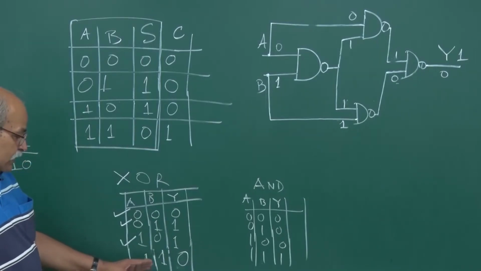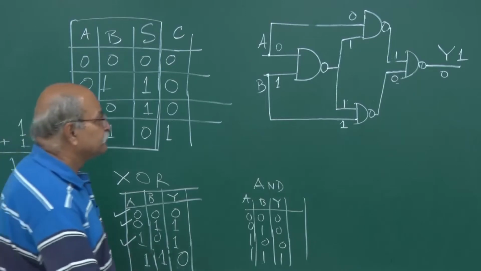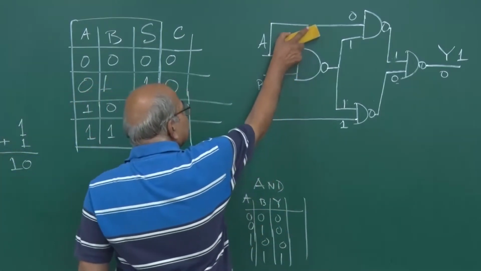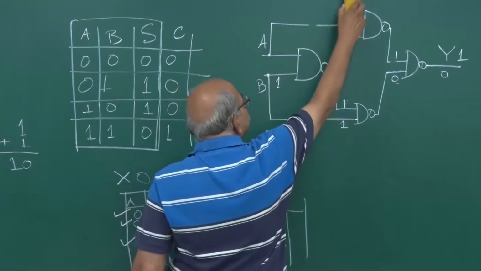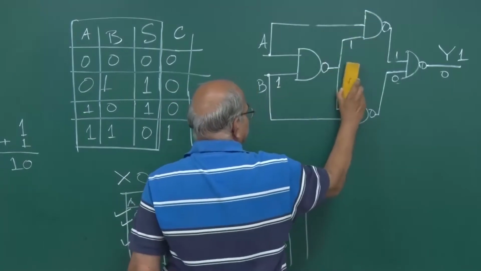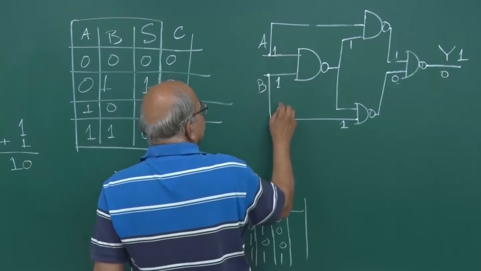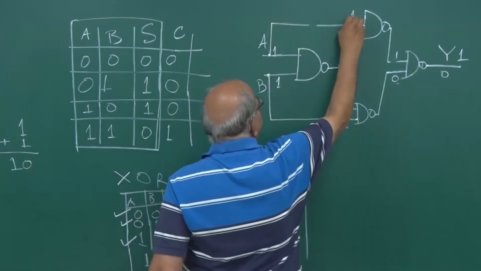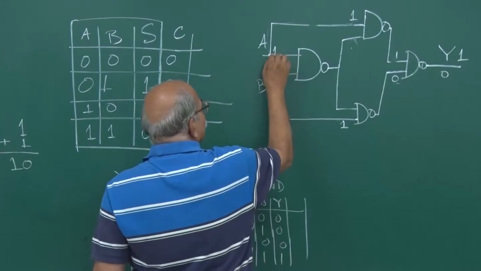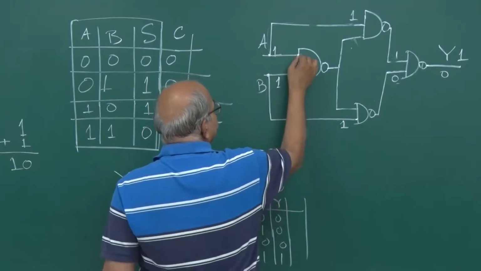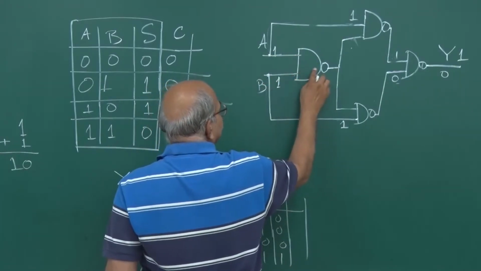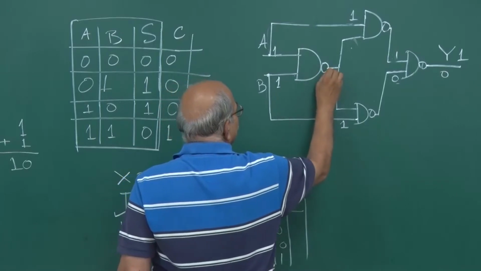Last one, 1 and 1: A is 1 and B is 1. So both A and B are 1. This is also 1. So this 1 reaches here and what happens this side? 1 and 1 will be 1 and NOT of that will be 0.